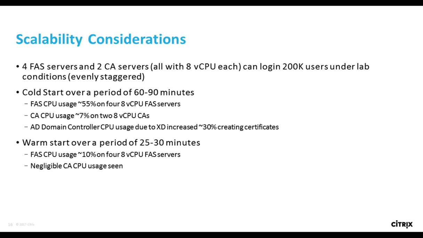So there's negligible CA CPU usage seen during a warm start. I think when you do a cold start, it's more that the CA gets hit. But it's just something to note that the boxes do require a good amount of CPU cycles to get these done in a timely manner, and that will drive what you choose to put in place.